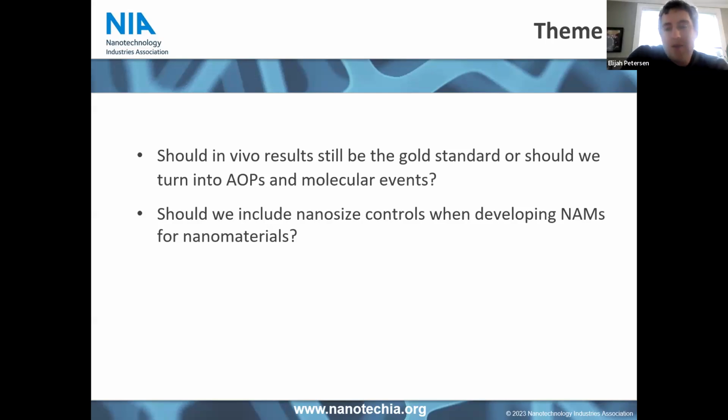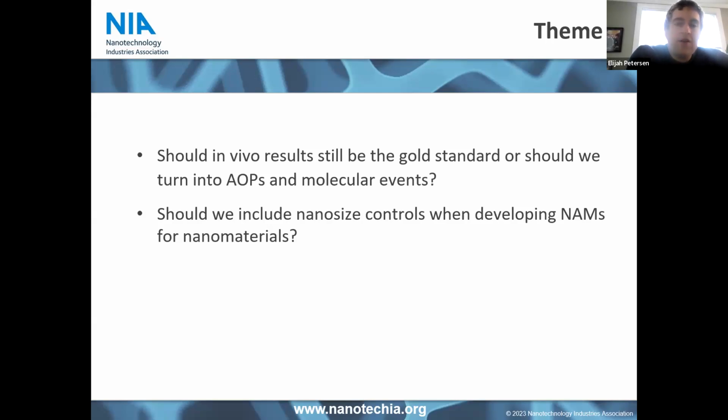Yeah, I guess it depends on the purpose of the controls. If there's something about the assay, I'm trying to think of, would you need a control? I don't, off the top of my head, think of a time when you need a positive control that's nano-sized. One of the main functions of the positive control is to assess that the biological response is similar to what you've had in the past.